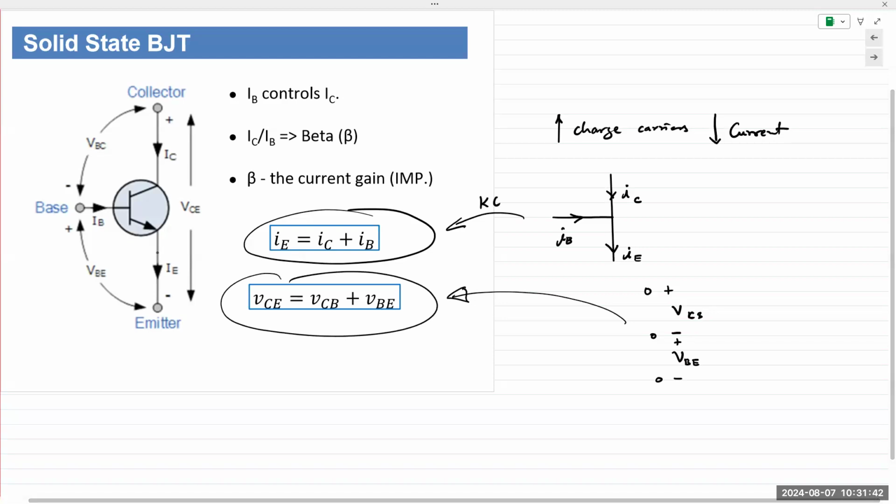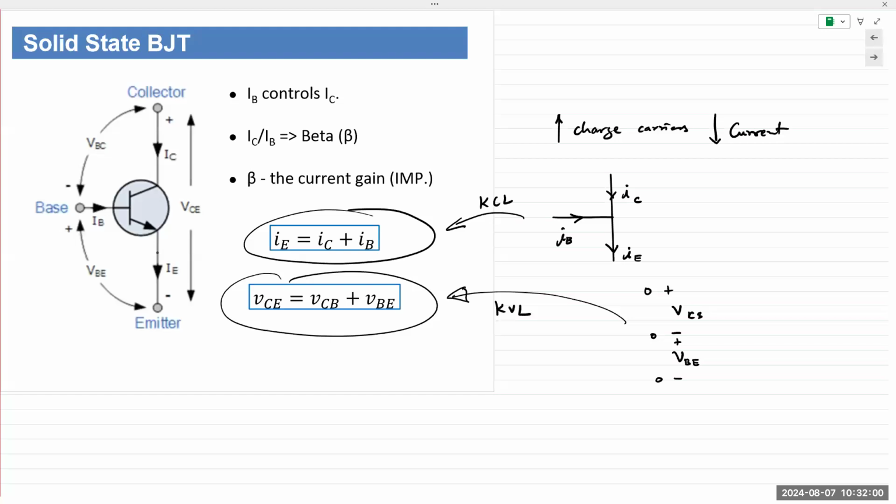So this is from KCL. This is from KVL. Analysis techniques do not change. The techniques are still the same. It's only the device that is new. So we study the device, but the techniques that we apply are still exactly the same.